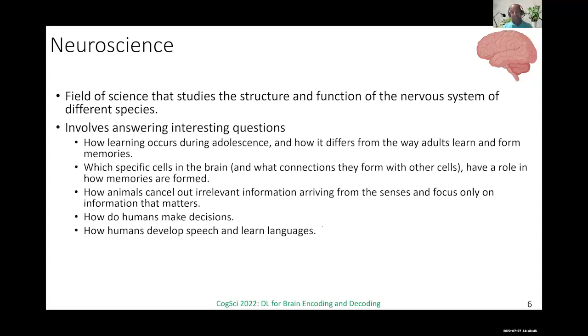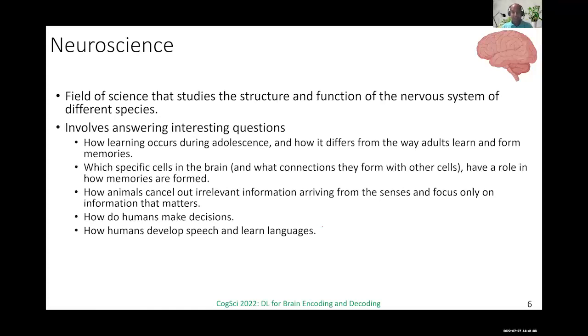But of course, in neuroscience, you try to understand and correlate them with how the measurements are done using fMRIs and so on. Which specific cells in the brain, and what connections they form with other cells, have a role in how memories are formed? How do animals cancel out irrelevant information arriving from the senses and focus only on the information that matters? How do humans make decisions?